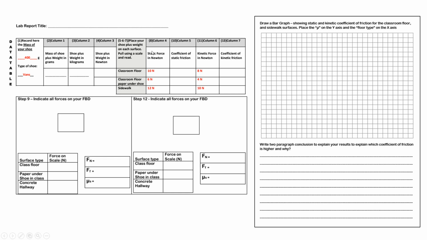We have here the static friction force and the kinetic friction force. The first one is when the shoe just starts sliding, and the second one is when it's sliding at constant speed. So let's take a look at how to complete this table.